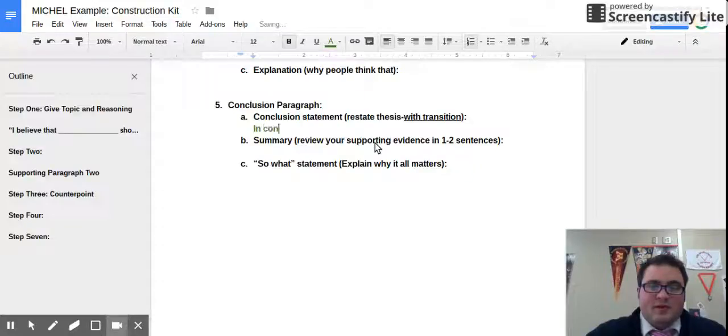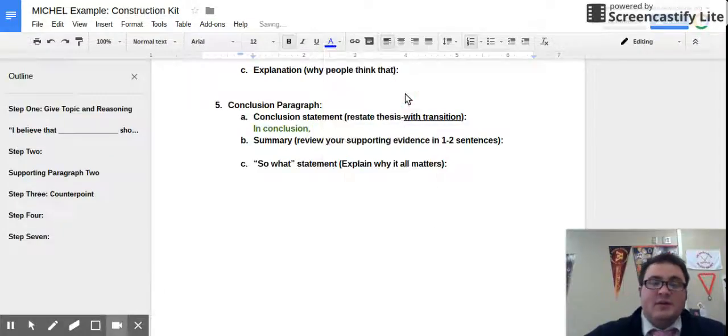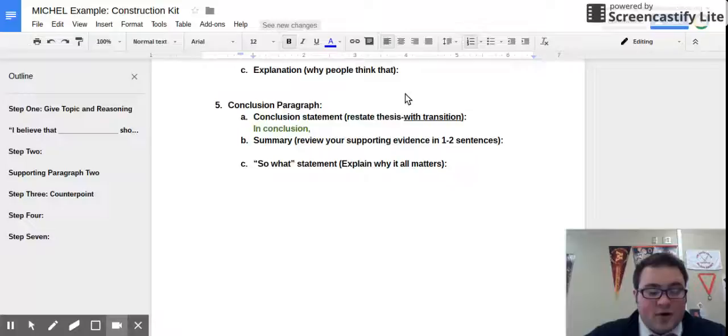And the one that I usually go with is in conclusion. It could be overall, it could be all in all, it could be to summarize. But then I want to restate my thesis. Now, that does not mean that you get to go back, copy and paste your thesis. We need to say the same thing, but now in a different way.